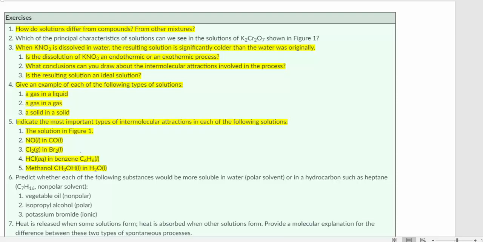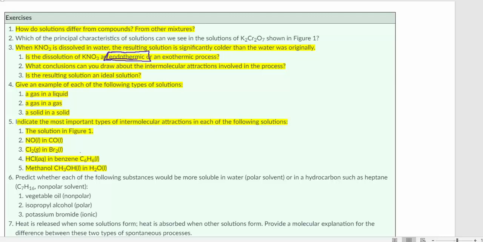Number 3, when potassium nitrate is dissolved in water, the resulting solution is significantly colder than the water was originally. So is the dissolution endothermic or exothermic? This is endothermic. It's colder than it started with, so it's an endothermic process. What conclusions can you draw about the intermolecular attractions that are involved in this process?